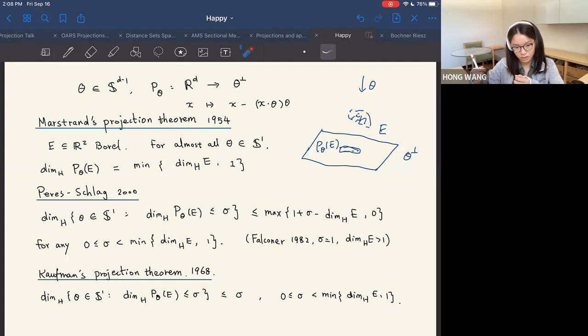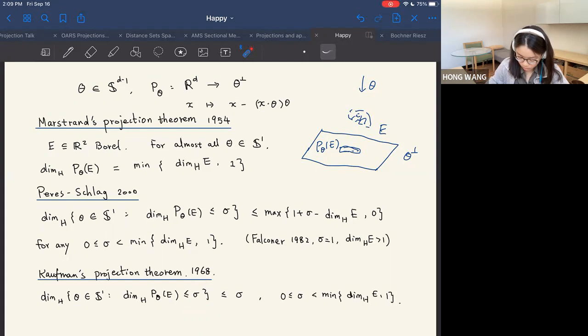So in other words, the set of directions with a small projection image should have small dimension, depending on how small a projection image we want to impose the condition.